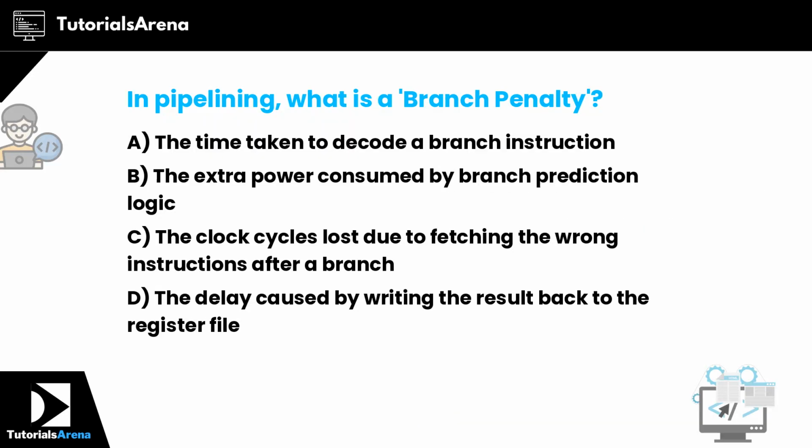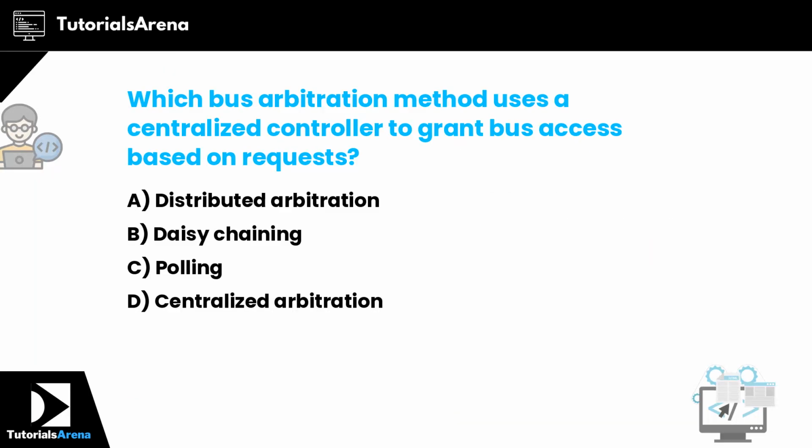In pipelining, what is a branch penalty? The correct answer is option C, the clock cycles lost due to fetching the wrong instructions after a branch. Which bus arbitration method uses a centralized controller to grant bus access based on requests?